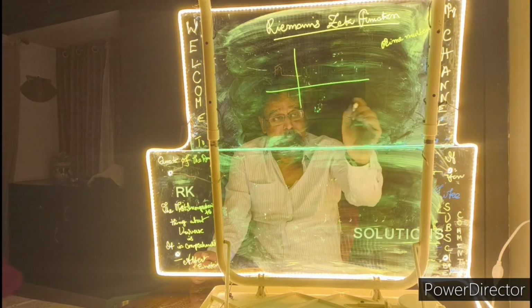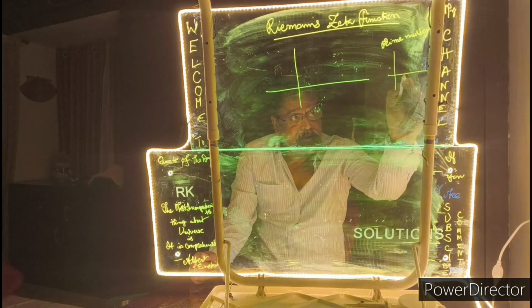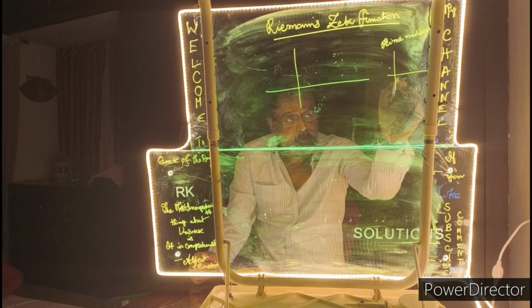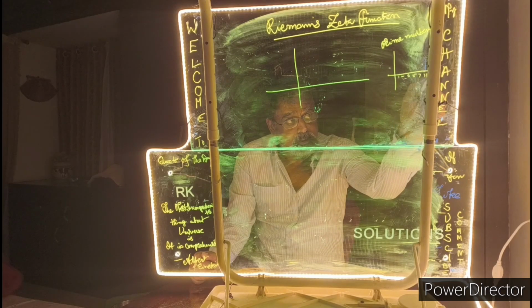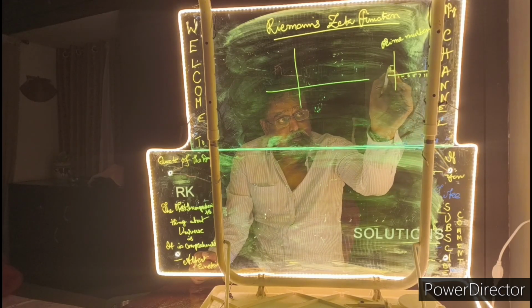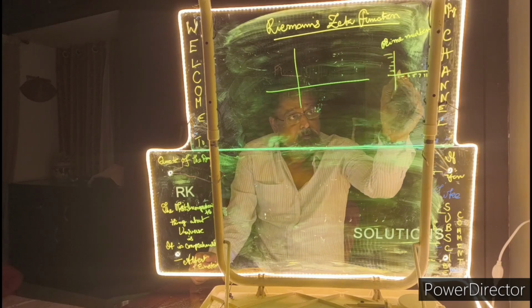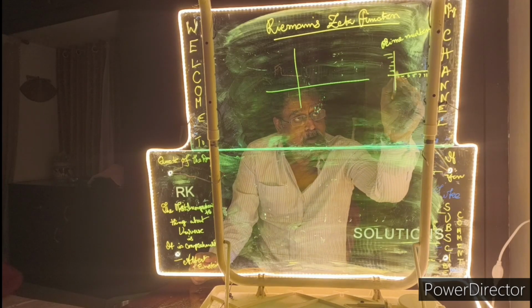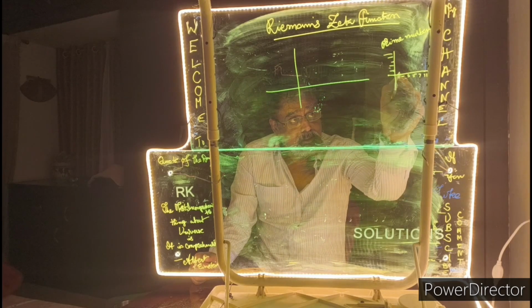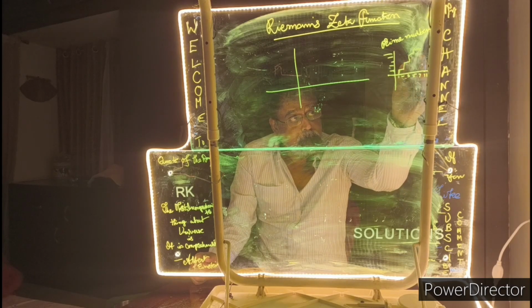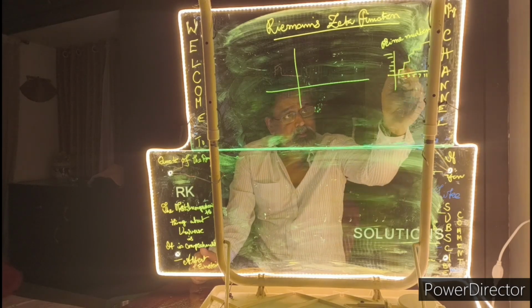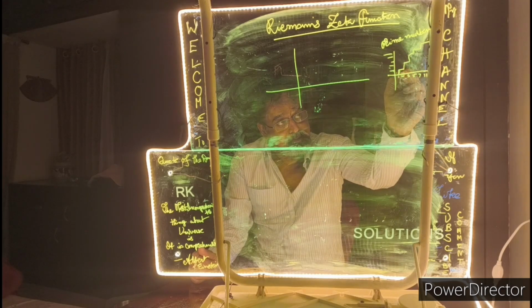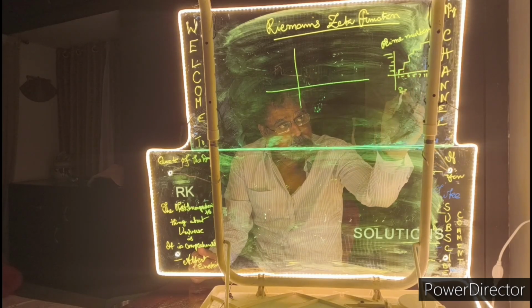With those, he plotted the prime numbers, and it comes out something like this. It's like a step function.